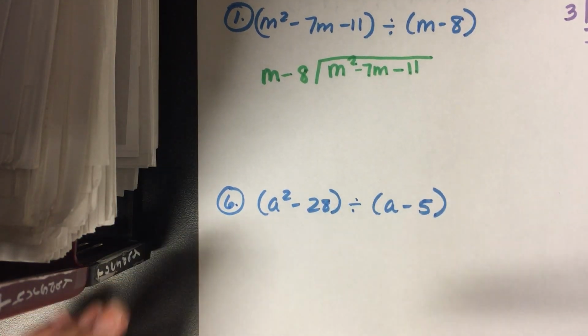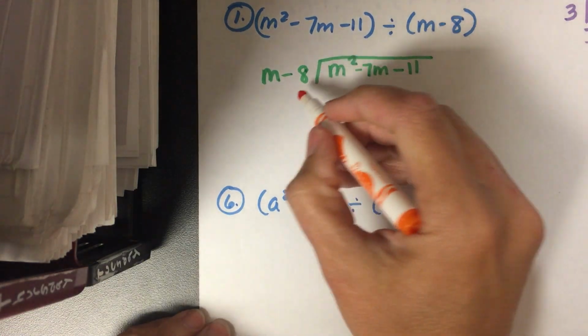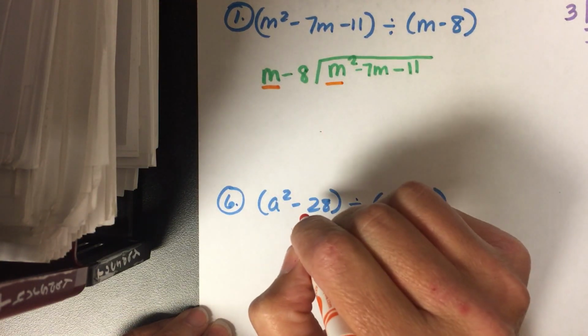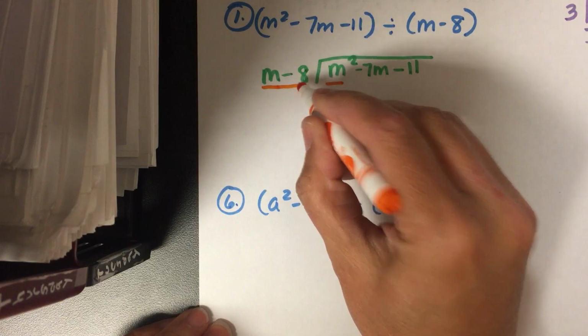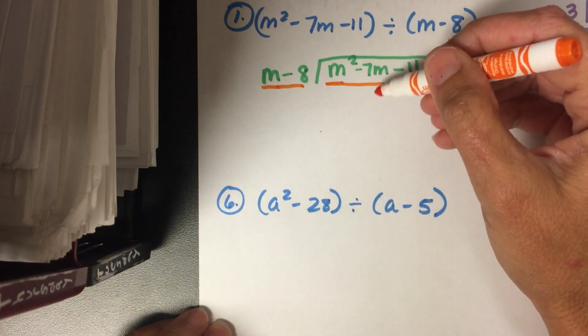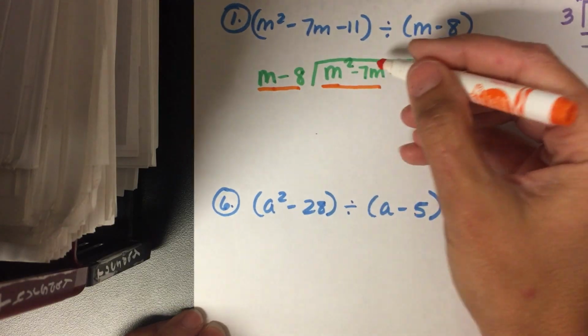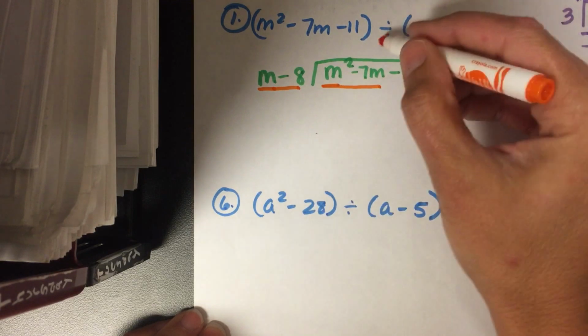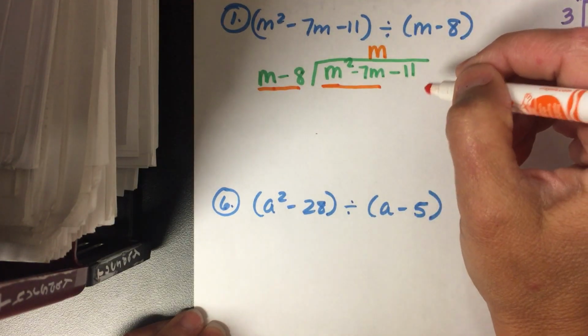I'm going to see how many times m goes into m squared. Remember, we have a binomial here, so we have to get a binomial answer that we can combine. What do I have to do to m to get m squared? I multiply it by m.